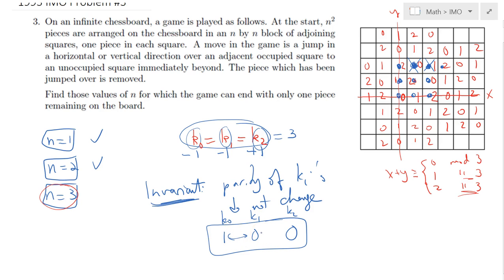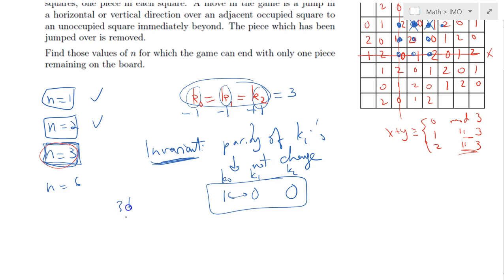So that proves it when n is equal to 3, or n is divisible by 3, I should say. It is not necessarily 3, but when n is equal to 6, things don't change. So 6 squared is equal to 36. In that case, k0, k1, k2 will start as 12, 12, 12, so each one is even. Once, let's say, a piece on color 1 eats a piece on color 2, then both k1 and k2 go down by 1, while k0 goes up by 1.